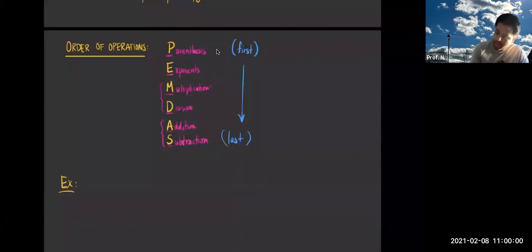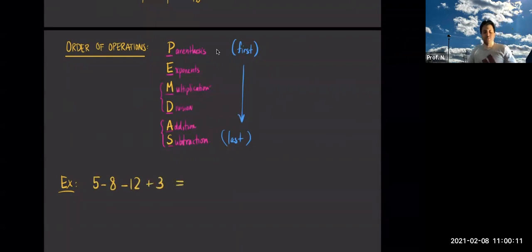So if I have something like this, 5 minus 8 minus 12 plus 3, what is this equal to? -12.